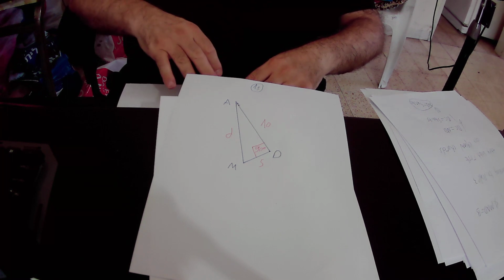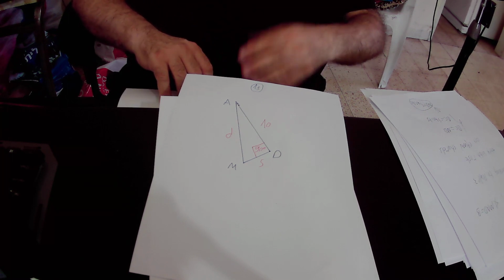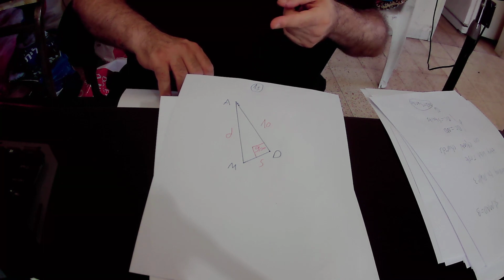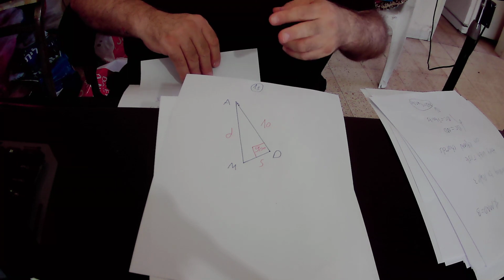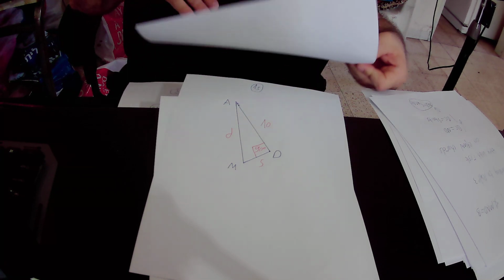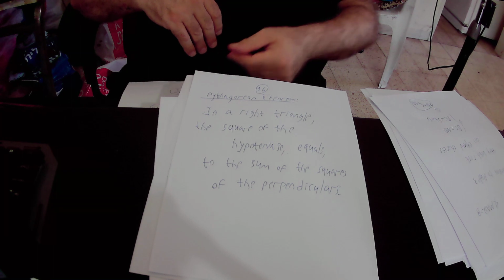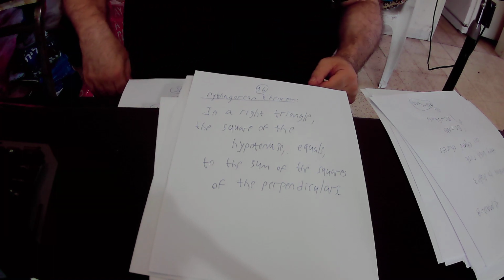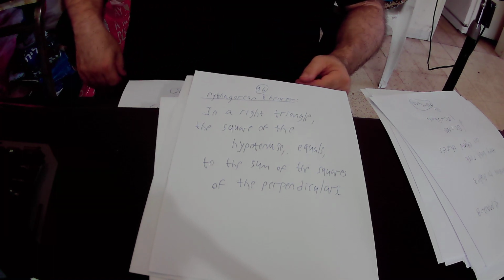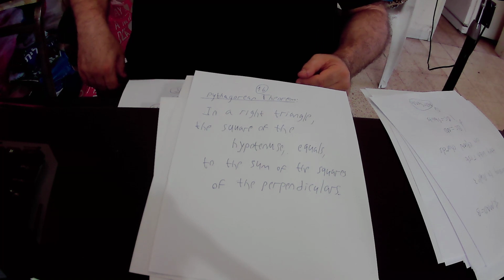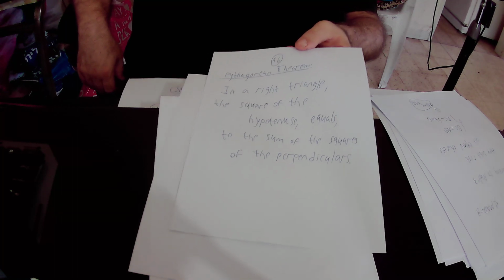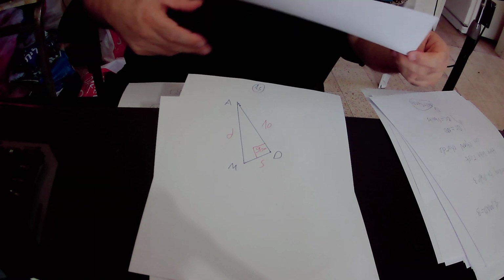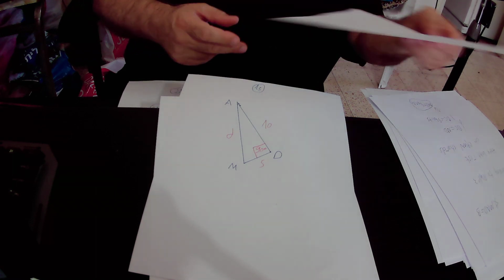We can implement the Pythagorean theorem in order to find the value of D. That is also the hypotenuse of this right triangle. According to the Pythagorean theorem, in a right triangle, the square of the hypotenuse equals the sum of the squares of the perpendiculars. It is true only in right triangles.